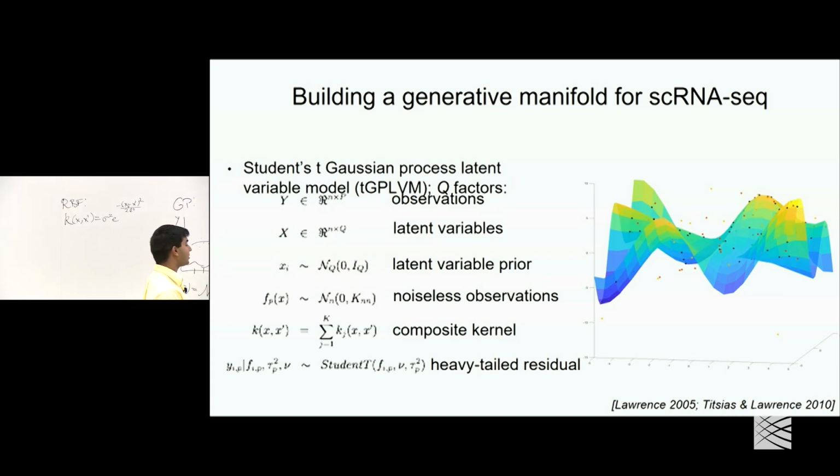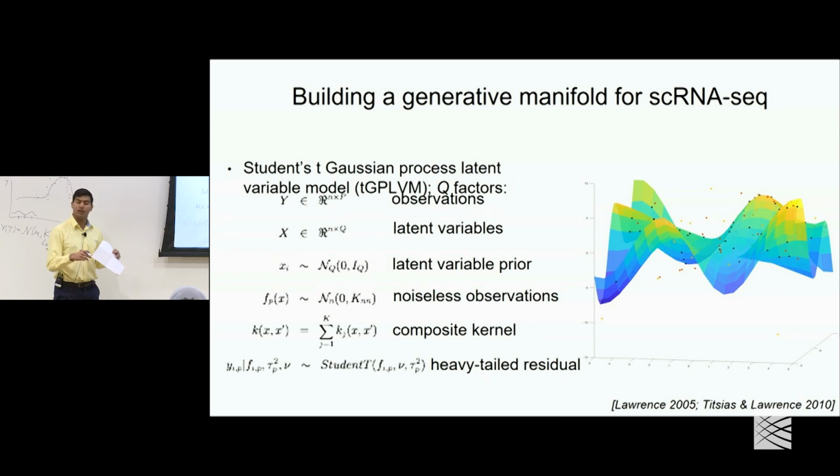But a Gaussian process latent variable model is similar, except we don't observe t here. We have high-dimensional vectors, high-dimensional samples, and we assume that these samples are actually drawn from a Gaussian process of a lower-dimensional latent space, right? So in the model up here, we say there are some latent variables x drawn from a normal with identity variance.